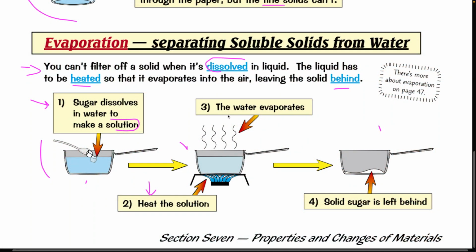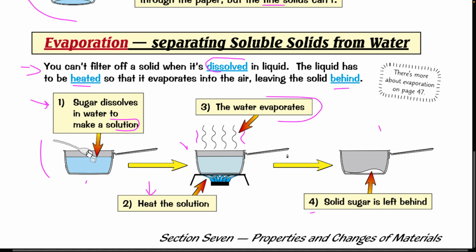And then we have number 3. Let's analyze that. The water evaporates. So this is the process, evaporation, right? I think there is no need for explanation for that. You have to know that. If you don't know, search that and then write down the translation, okay? And then number 4, for sure, we have solid sugar is left behind, okay?